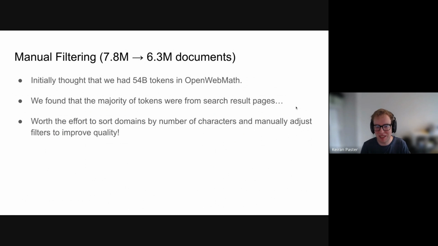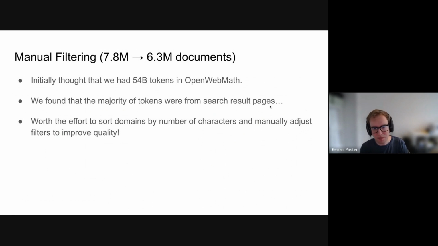Some pages online are generated when people search for a math-related term, producing a massive page with a list of different pages, and sometimes LaTeX would even appear in them. Even though there weren't that many such documents, they were huge, sometimes up to 50K tokens.